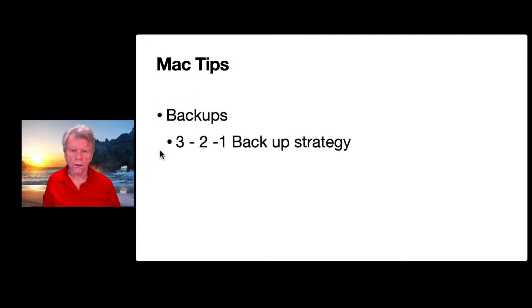Another thing to consider about backups is the 3-2-1 strategy. When that was originally developed by a professional photographer, it meant 3 backups, 2 different kinds of media, and 1 offsite. The original idea was to use CDs or DVD discs as your second kind of media.